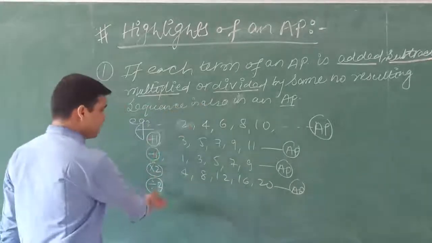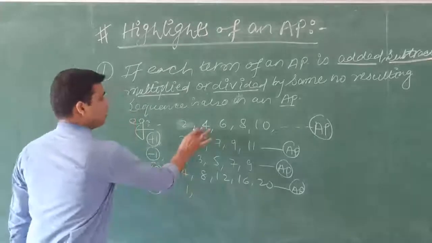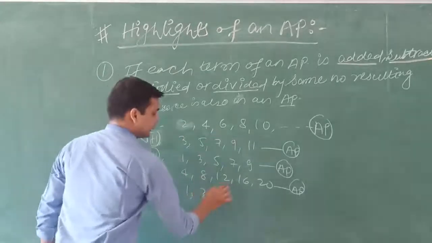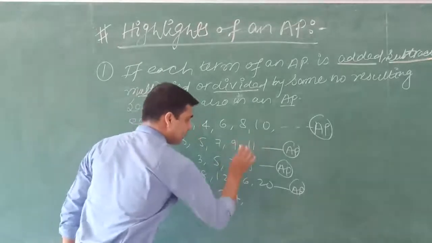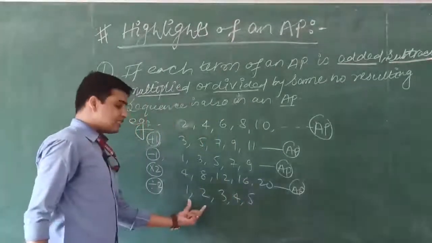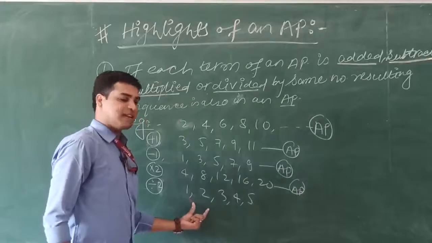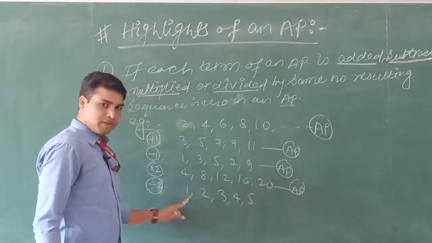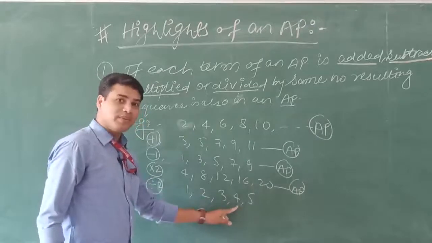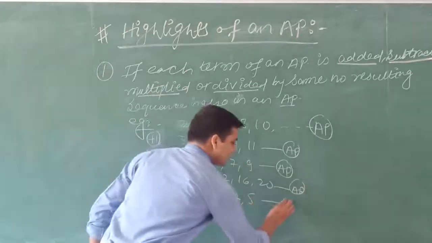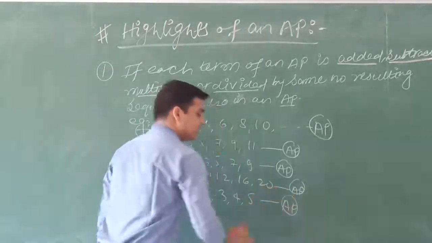Dividing by 2: 2 by 2 is 1, 4 by 2 is 2, 6 by 2 is 3, 8 by 2 is 4, and 10 by 2 is 5. Now check, is this in AP or not? Yes, again this is in AP. How? 2 minus 1, 1. 3 minus 2, 1. 4 minus 3, 1. 5 minus 4, 1. Yes, the common difference is again the same, which means this is in AP.